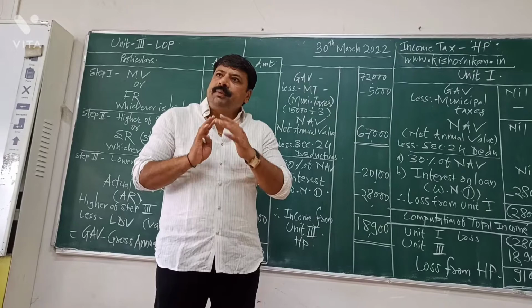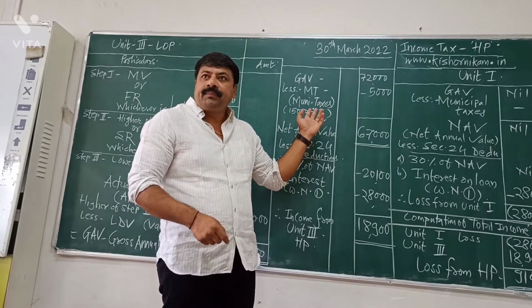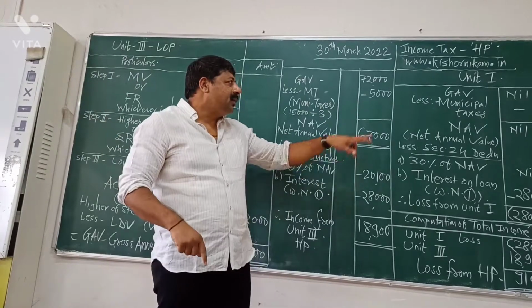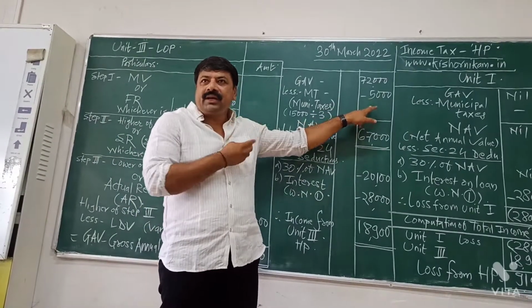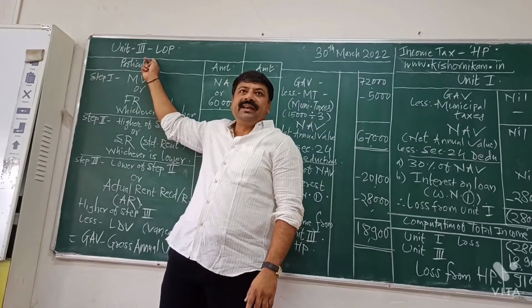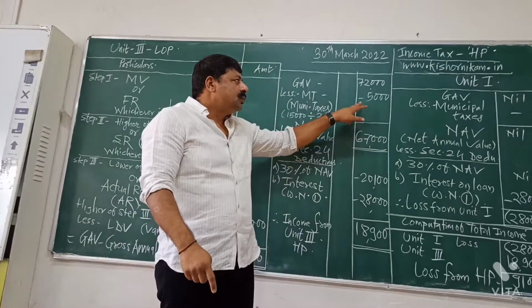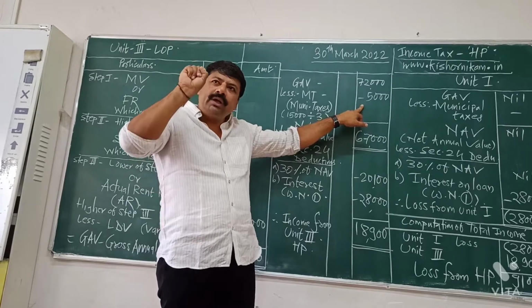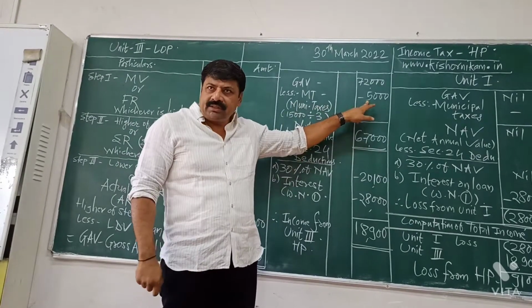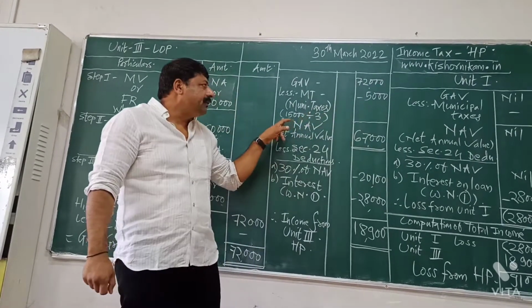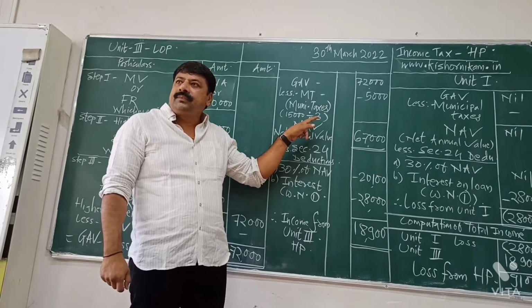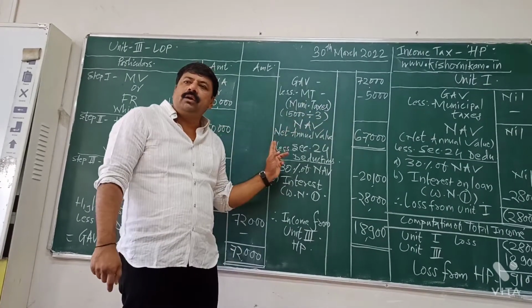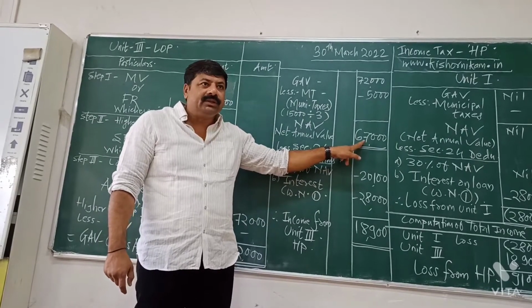In the given case 15,000 are paid, no doubt. But 15,000 is for the full house, and you have to take only unit 3. We are calculating unit 3. So 15,000 for the full house divided by 3, for 1 unit it is 5,000. Is that clear? I have written here 15,000 divided by 3. So after deducting municipal taxes, the net annual value is 67,000.